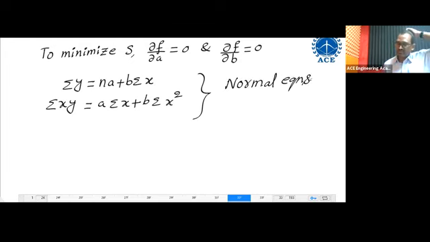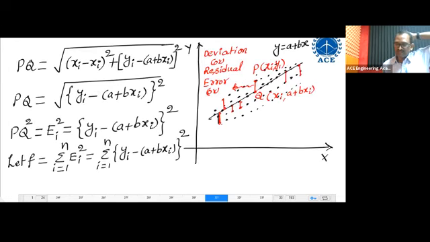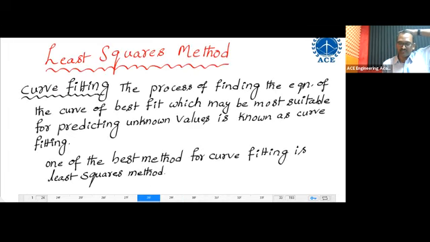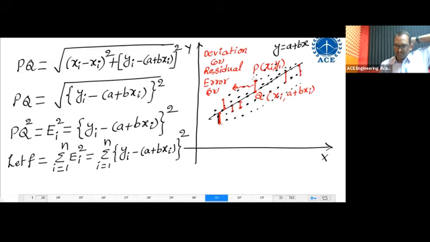Why is it called the least squares method? Listen to me. Heading is important. The distance between P and Q is called error.